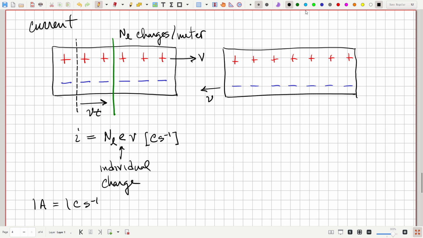And we draw this same reference plane here. So now charges are going to be moving from the right to the left. And this distance will be vt.